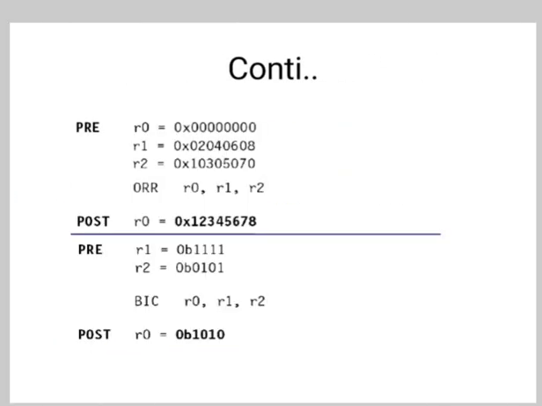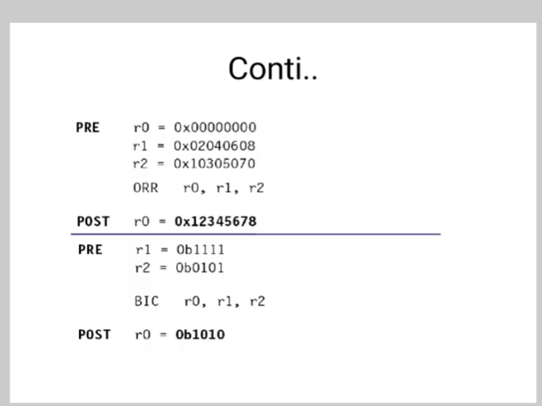Next is, if the values of R0, R1 and R2 are given, and we have to apply the OR operation. So OR means addition. So we have to apply the addition. So R0 is equal to R1 plus R2.